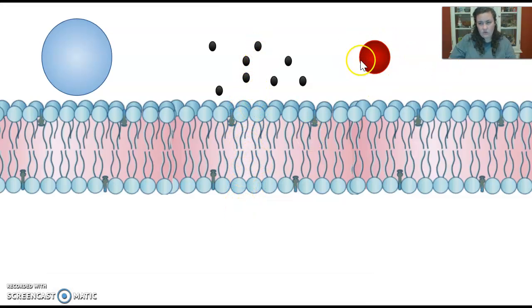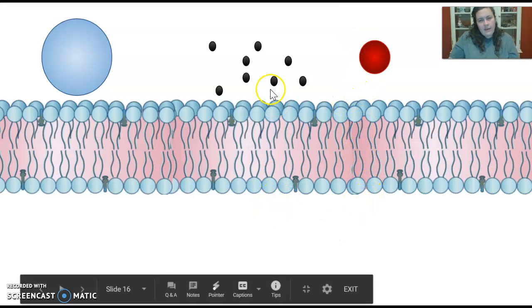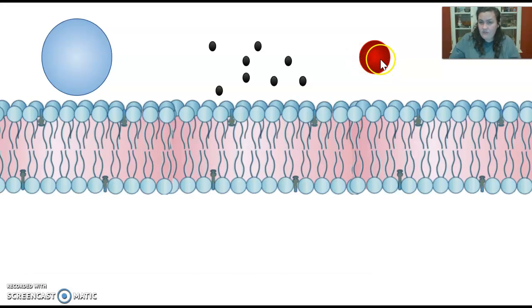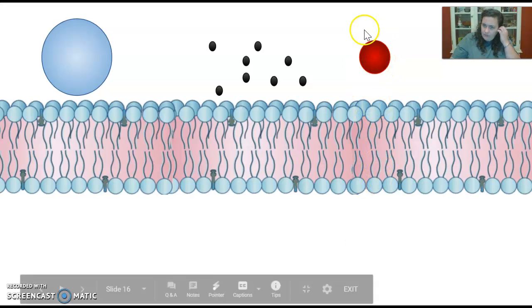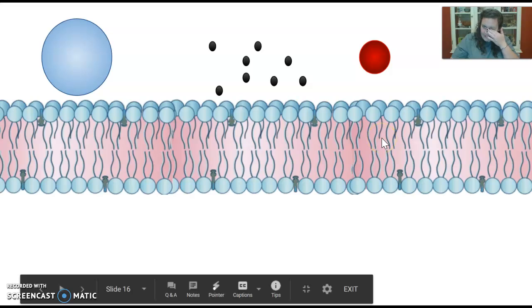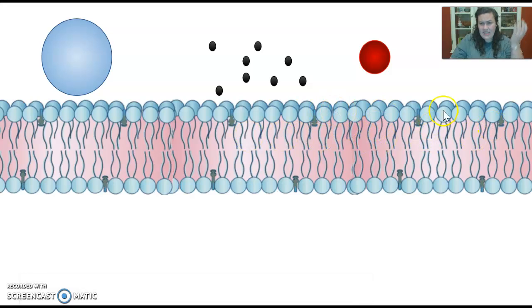Now this red circle here, I had some classes that were like, maybe it could go through. I mean, it would kind of have to really get in there, but he could maybe squeeze his way in through here. And that's true. But if you were to force this guy through here, it would probably pop. It's very much like an airtight balloon, the cell membranes are.